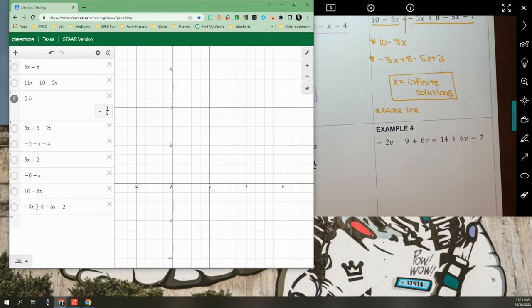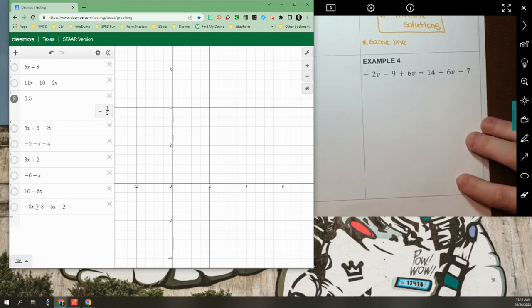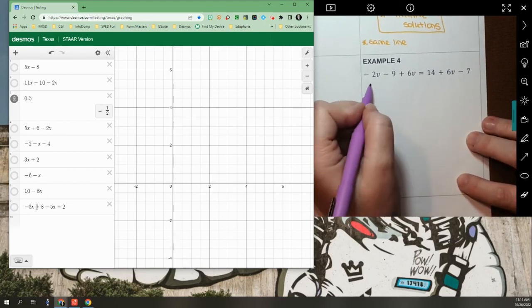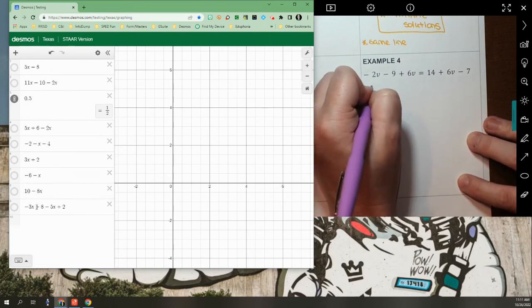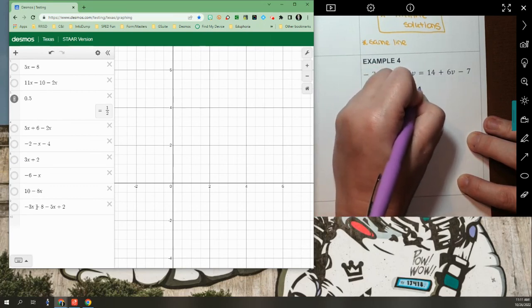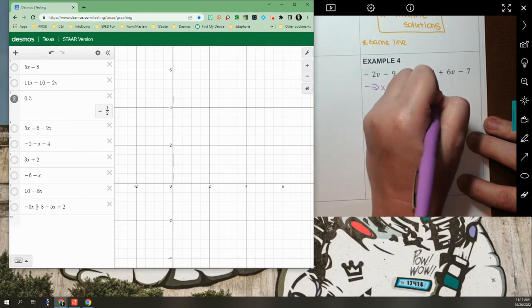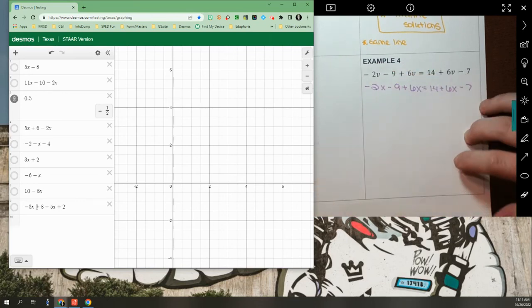Okay, last but not least, let's look at example 4. Whew, we're almost done. Almost did it. Okay, example 4. Let's see if we can do it without the notes. I know that I need to change my variables to x. Negative 2x minus 9 plus 6x equals 14 plus 6x minus 7.